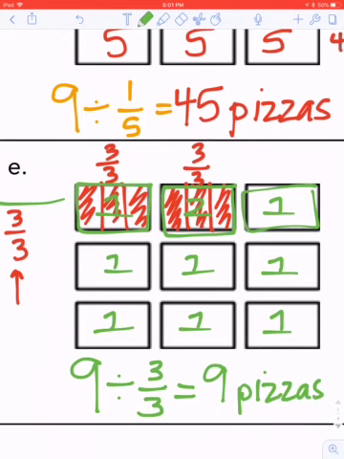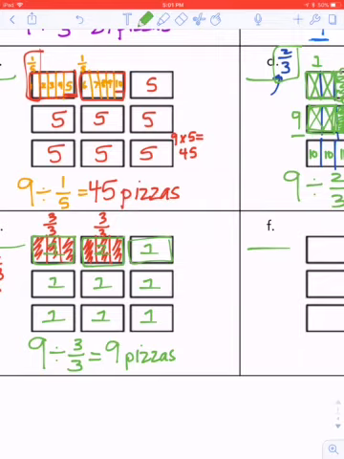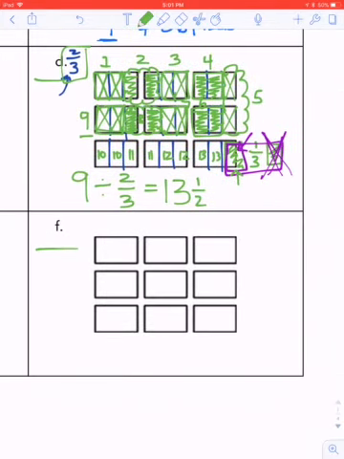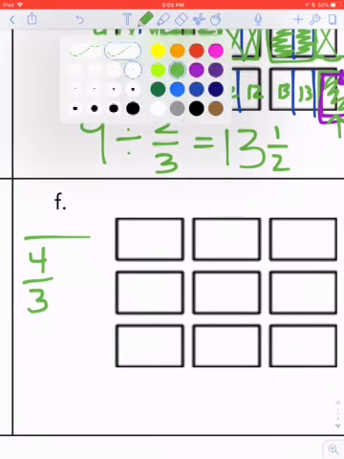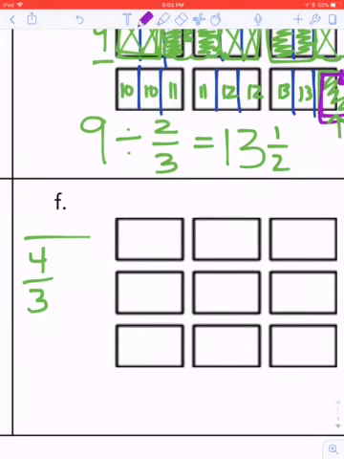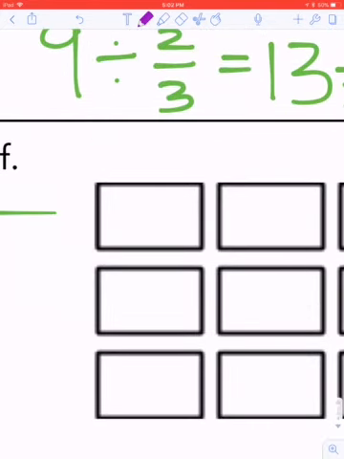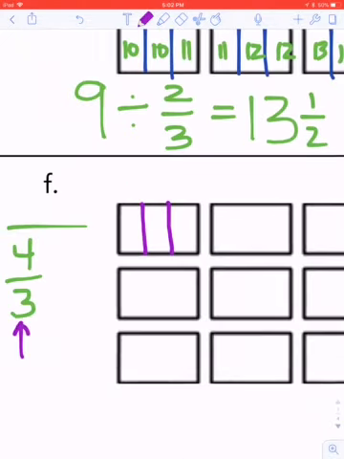Alrighty, final one, F. It says we need 4 thirds for each pizza. So just like we looked at on the previous and all the rest of our pizza problems, we need to look at our denominator here to figure out how much we are splitting each block of cheese into. So thirds again. So I'll go ahead and I'll split up my block of cheese into thirds.